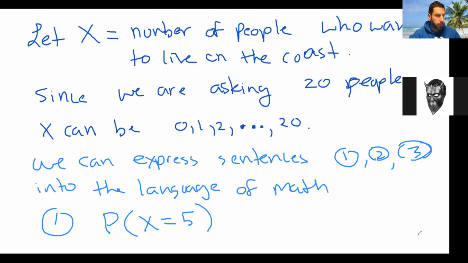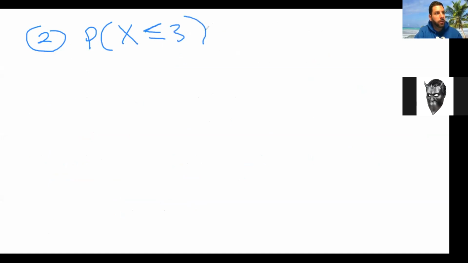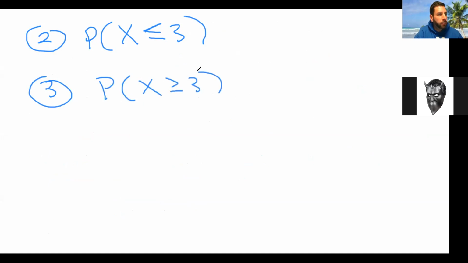If we look at the second phrase, how do we translate that into math? That was the probability that X is at most 3, so we would say less than or equal to 3. And then the last one was the probability that it's at least 3. So we would write it like this.